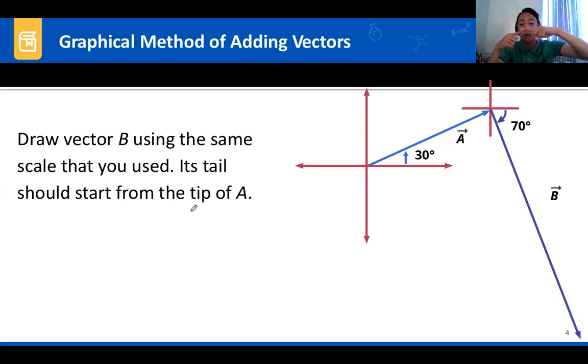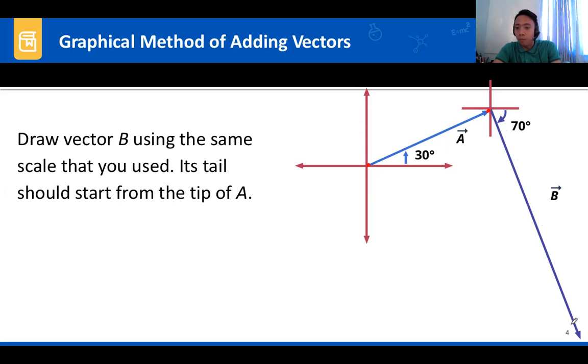Basically, we will make another Cartesian plane, because we have a given degree and we need to find that. For example, this is our tail and this is the tip. At the tip, that is where we start B.